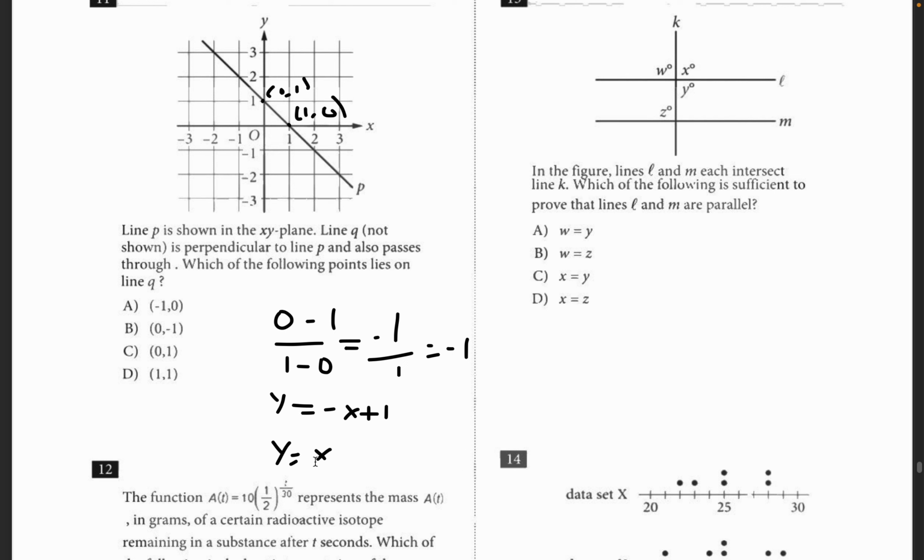Y minus y1 is equal to it. Also, which of the following points lies on line Q? It's going to be something like y equals x.